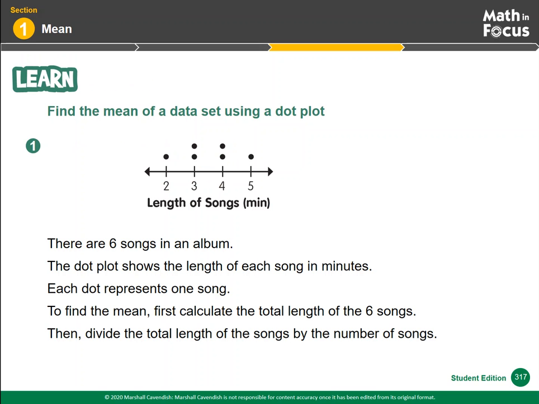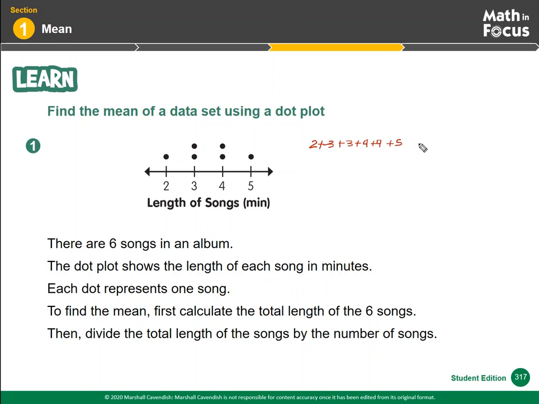Okay, I'm going to do that on this page right here because I do not like when they switch over to another page and you can't see the data. So this is what I would do: 2 plus 3 plus 3 plus 4 plus 4 plus 5.